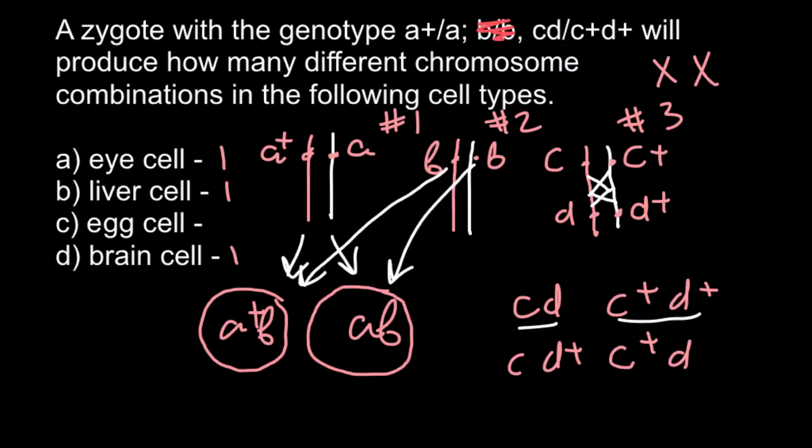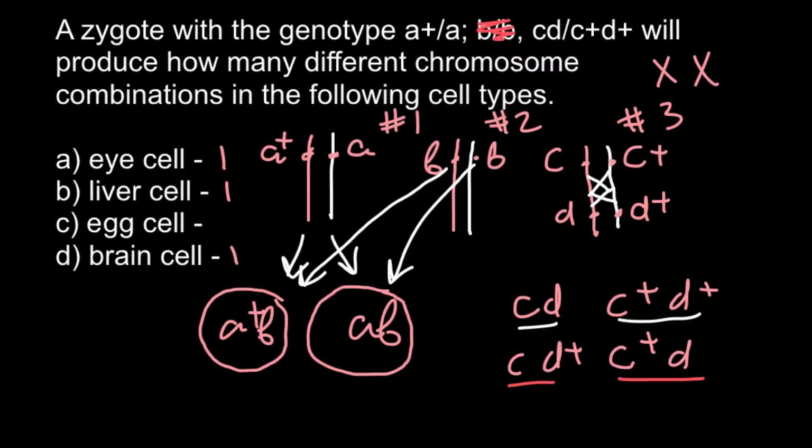So let's assume that there is some distance between these genes, and crossing over may happen between these two genes. So now we have found that this chromosome number 3 can produce 4 different genotypes. So parental genotypes and recombinant genotypes. So now we are ready for our final stage of calculation.